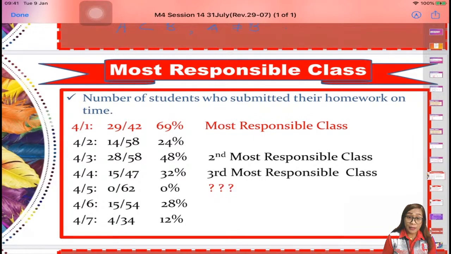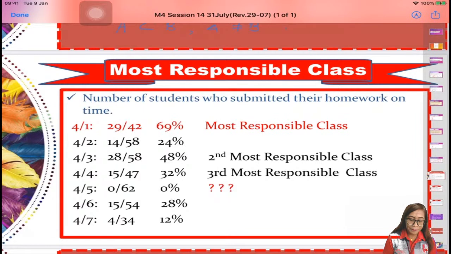So that's 69%, and you are the most responsible class. 4/2, only 24%. 4/3 is the second most responsible class. 4/4 is 32%, and that's the third most responsible class.